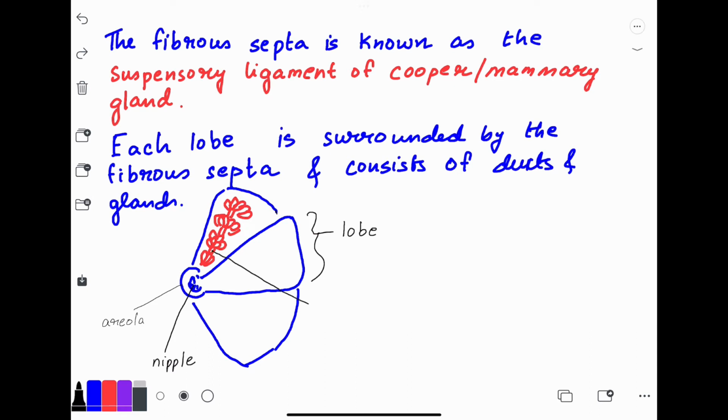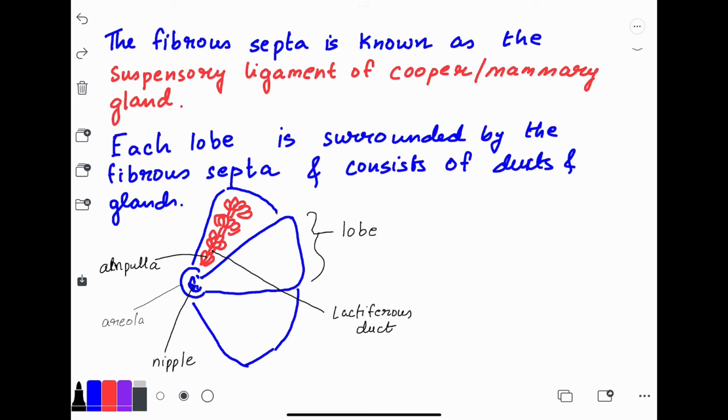And this is the lactiferous duct, and at the end of the duct towards the nipple the area is a bit swollen. That area is known as the ampulla.